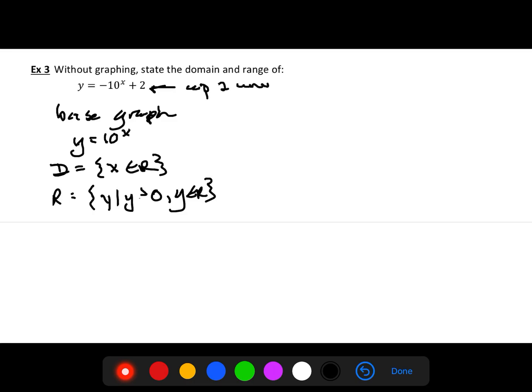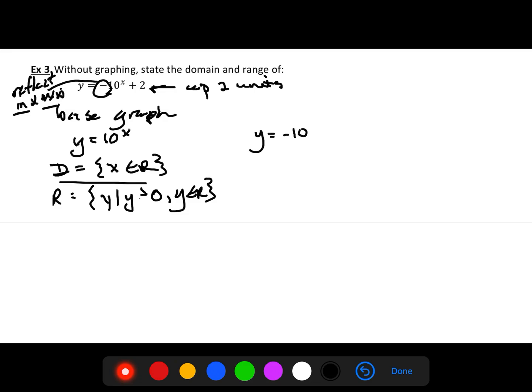So our plus 2 shifts our base function up 2 units, and our -10 is going to reflect in the x-axis, or a vertical reflection, which changes. So the reflection in the x-axis isn't going to change our domain.